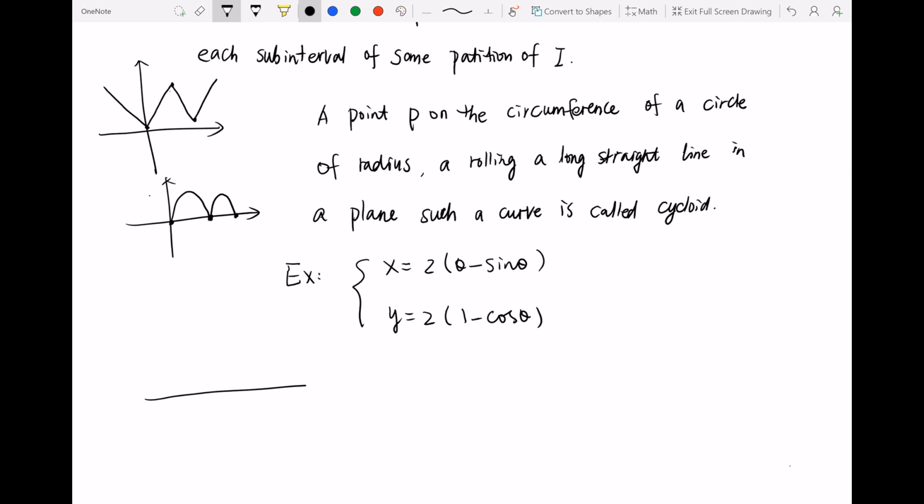A cycloid is like this. Okay, as the circle rolls along a straight line, the point on the circumference traces out the curve. Basically, you have one point on the circle.